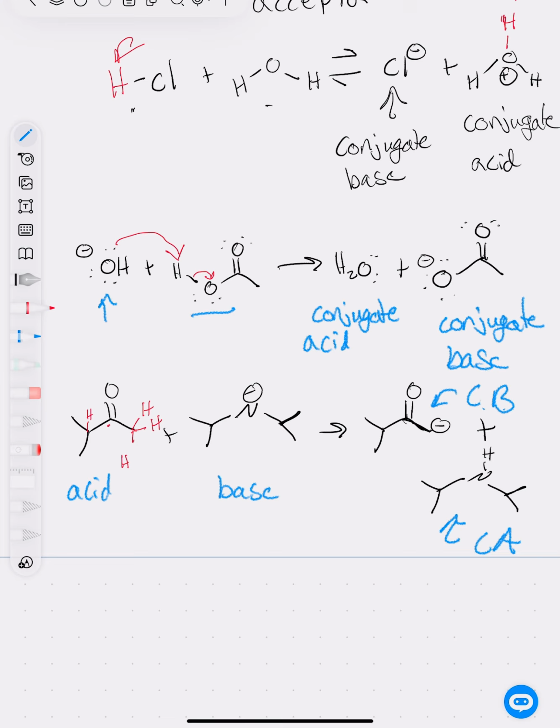So what's going to happen is these electrons on the nitrogen are going to go to 1 hydrogen, and then these electrons from the hydrogen are going to go down to this carbon. That's going to give us a carbon anion here and result in the proton transfer from here to the nitrogen.